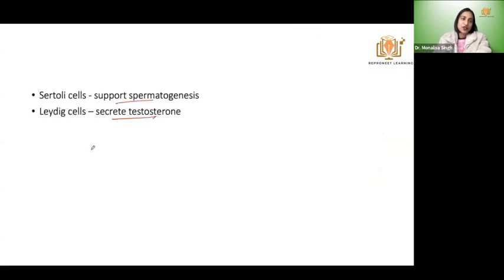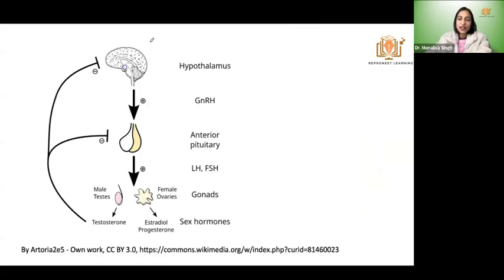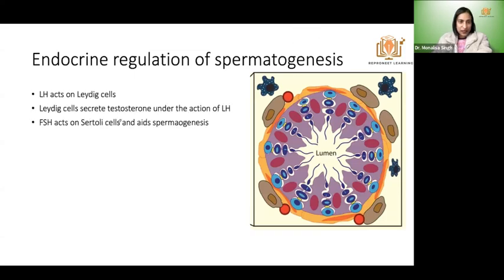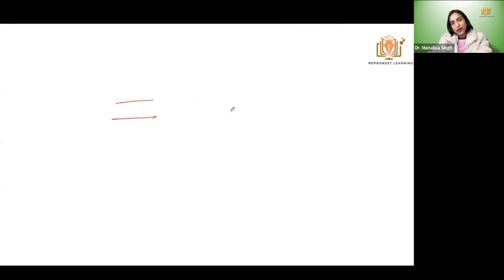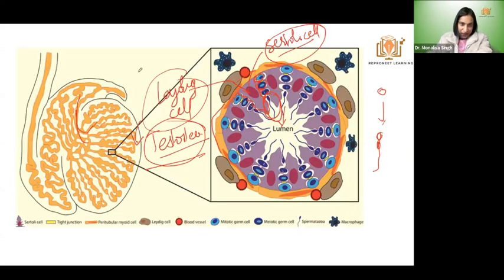FSH acts on Sertoli cells to aid spermatogenesis, and I was asking you, Leydig cells secrete testosterone under the influence of what? LH. So coming back to this slide, Leydig cells are going to secrete testosterone, and the stimulus for it is LH. And what supports the Sertoli cells to support spermatogenesis is FSH.